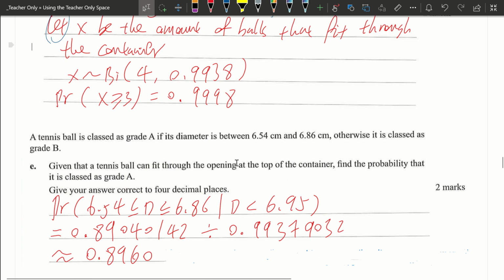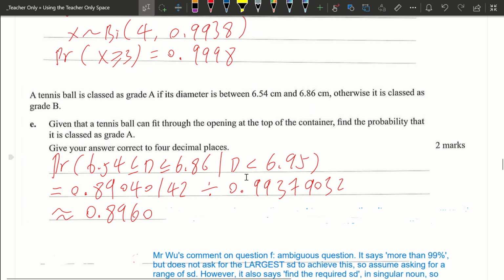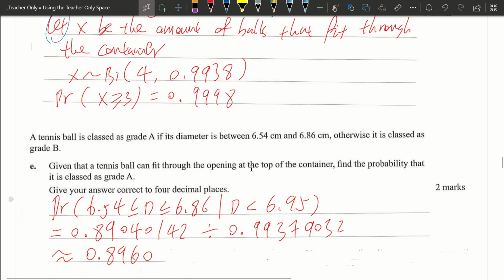And then a tennis ball is classed as grade A if the diameter is between 6.54 and 6.86. Otherwise, it's classified as grade B. Given, so a keyword here, given the tennis ball can fit the container, find the probability that it is classed as grade A. So it's a conditional probability question.